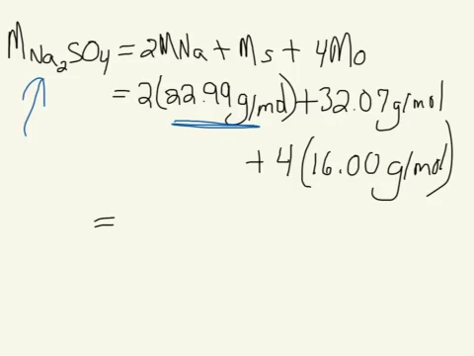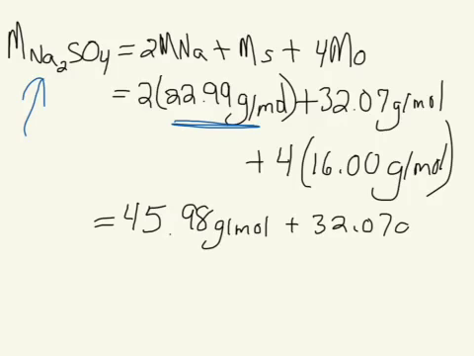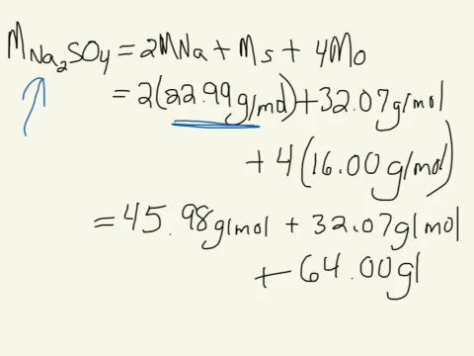Now I follow my BEDMAS rules. I'm going to multiply first, and then add all of these molar masses together to give me the total. So 2 times 22.99 for sodium gives you 45.98 grams per mole, plus 32.07 grams per mole for sulfur, that doesn't change, plus 4 times 16.00 grams per mole for oxygen gives you 64.00 grams per mole.